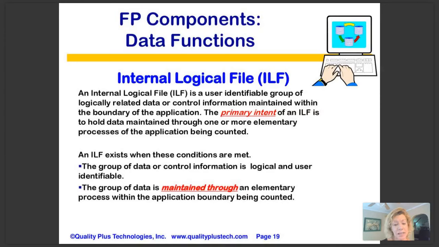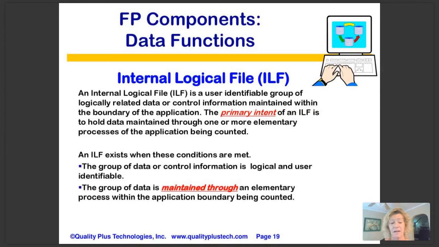The primary intent of an ILF, the core reason we have an ILF, is to hold the data that we're going to be maintaining using our EIs. So it holds the data maintained by an EI. It could also hold the data that we're maintaining as part of an EO process. So the primary intent of an ILF is that we're maintaining data for my software.